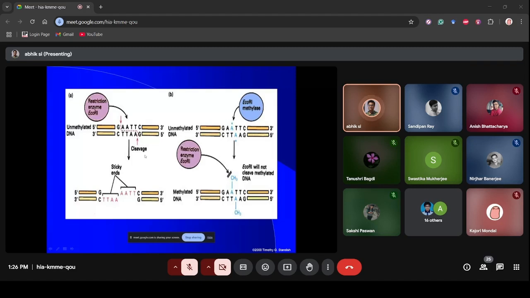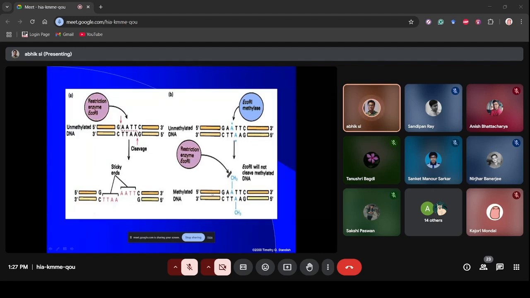So by this way the DNA fragments are produced. If the bacteria itself has the same sequence, then its own restriction endonuclease cannot cut it, because that particular sequence is methylated, modified, mainly at adenine and cytosine. A CH3 group is attached there, so its own restriction endonuclease cannot bind, and since it cannot bind, it cannot cut.